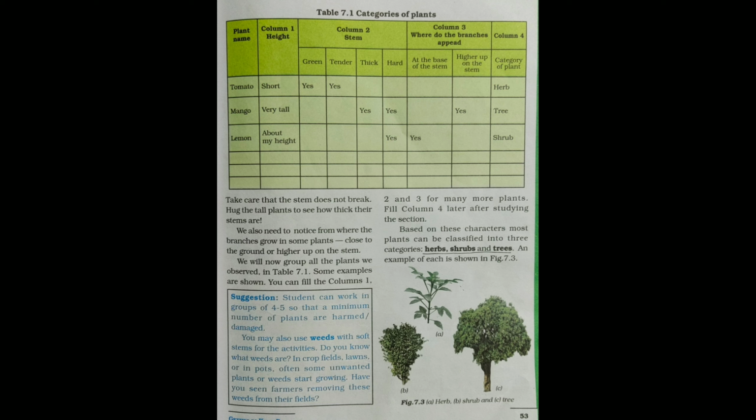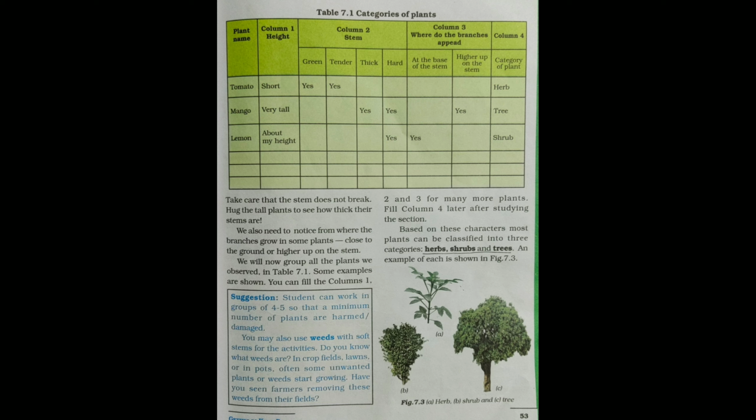First, plant name, then column 1 is the height, column 2 is stem characteristics like green, tender, thick and hard, column 3 is where the branches appear, at the base of the stem or higher up on the stem, and column 4 is the category of plant.